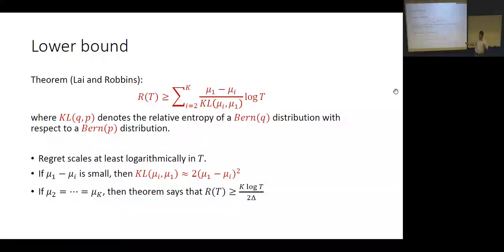And KL here is the relative entropy. This determines how well we can distinguish the two arms and decide which one is better. So this is the main expression to keep in mind. If the gap is small, then the KL divergence roughly looks like the squared difference up to some constant value.